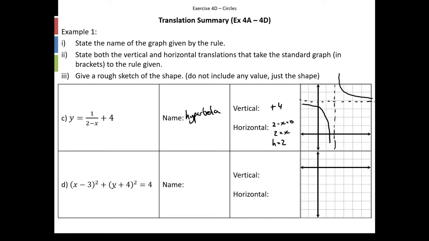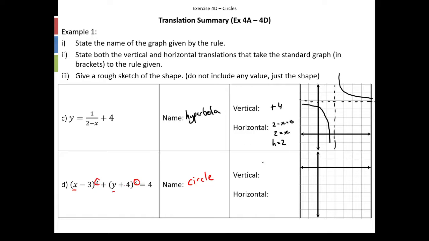x minus 3 all squared, y plus 4 all squared. So importantly, we've got an x squared and a y squared, even if we expand the brackets, that means we have a circle.